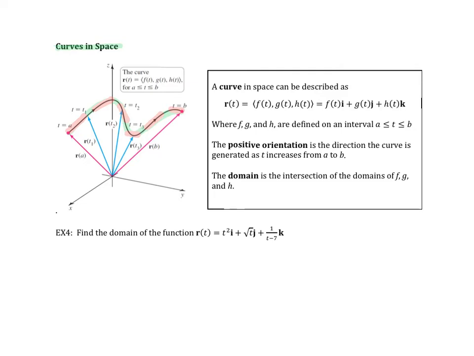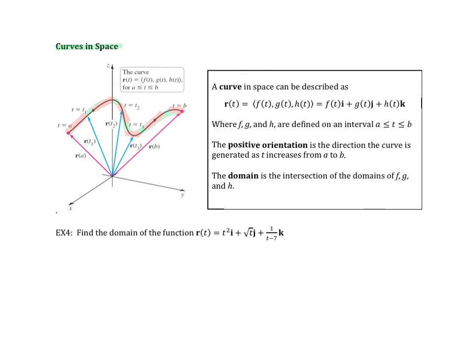So instead of describing curves in terms of vectors, what we're going to do is look at some curves that are already defined, and then we're going to use properties of functions and apply them to these vector valued functions. We're going to look at domains, limits, derivatives, and integrals.